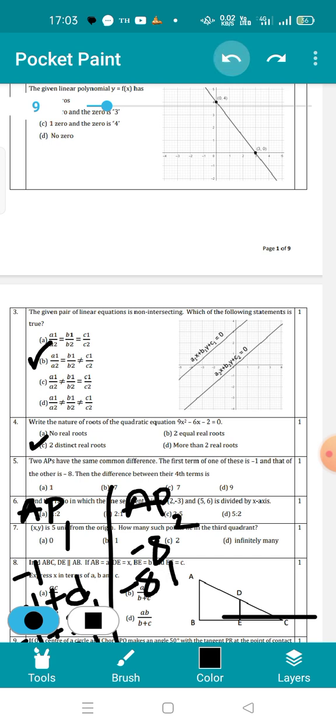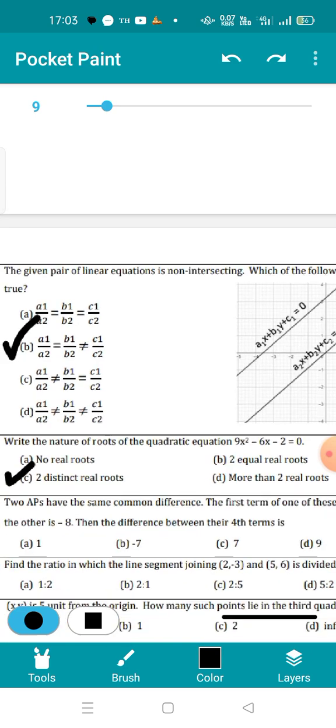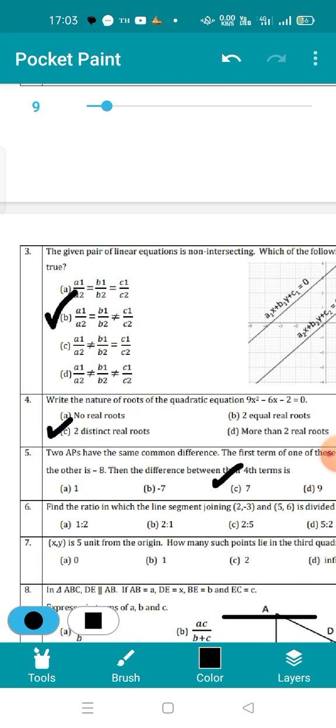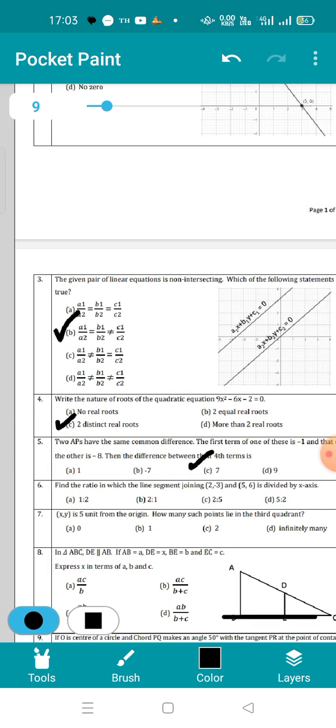Now if you look at the options carefully, in which option do we have plus 7? We have plus 7 in option C. Now I told you why we should pay attention to which term minus which term we should do here.